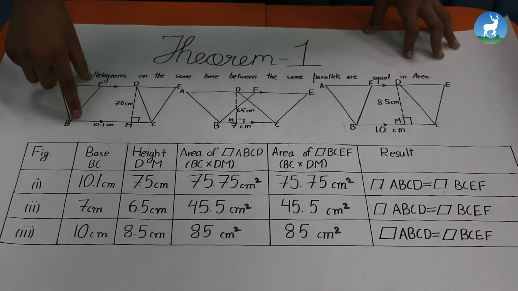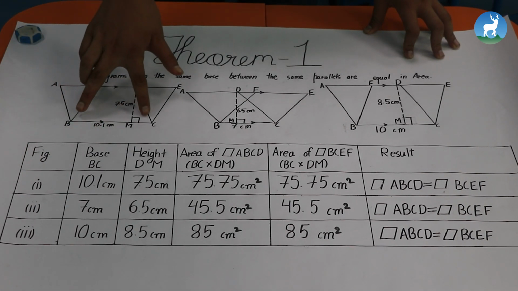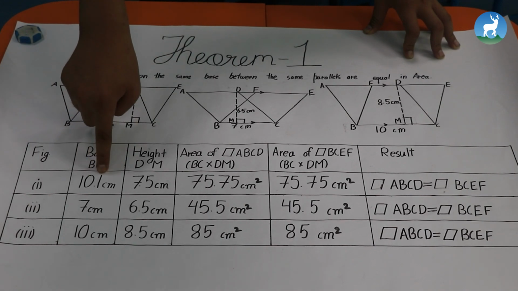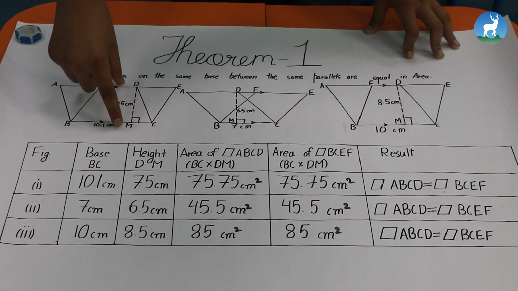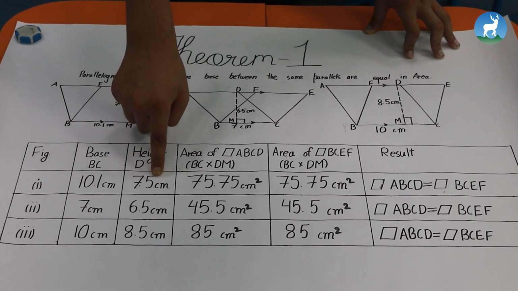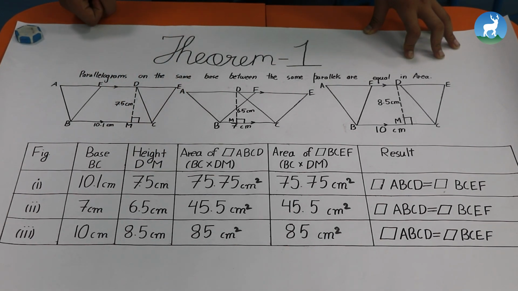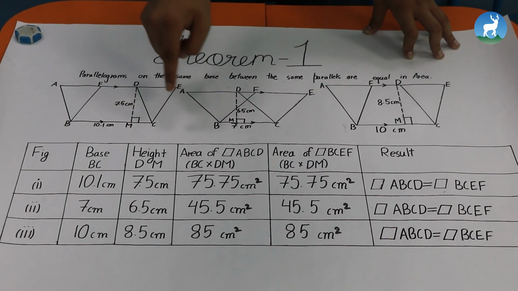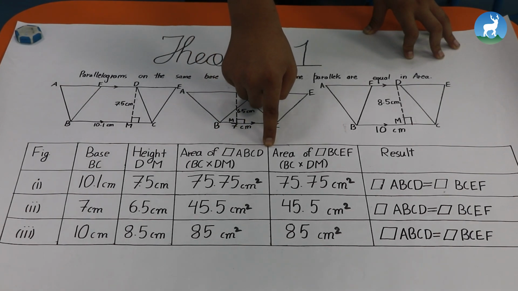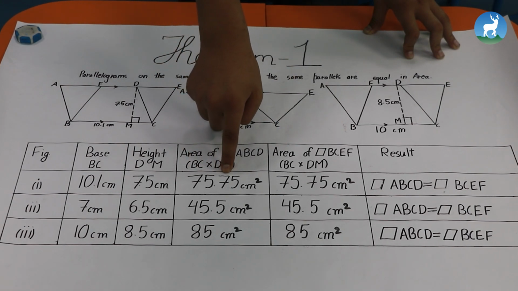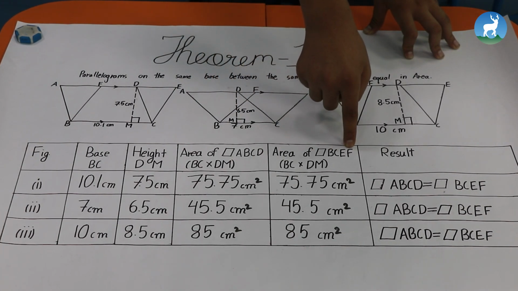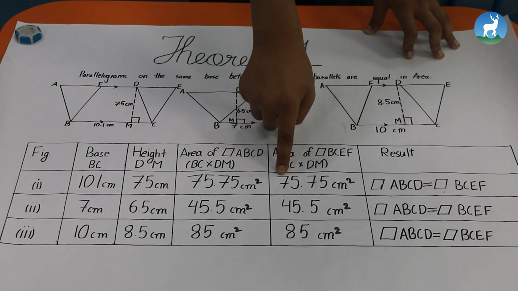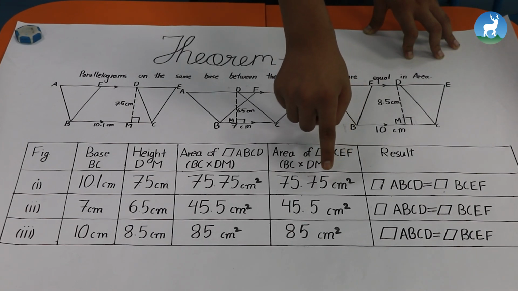Here we have our first figure, and over here our base BC is equal to 10.1 centimeters, and our height DM, as you can see, is 7.5 centimeters. Here the height is the shortest distance between the two parallel lines, and from this we can derive the area of the parallelogram ABCD is 75.75 centimeter square, and the area of our parallelogram BCEF is 75.75 centimeter square also.